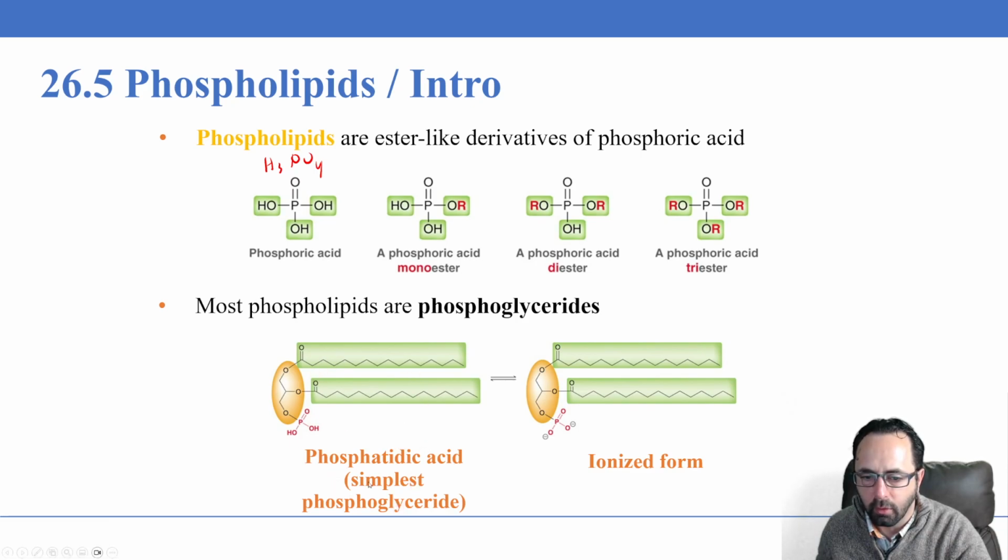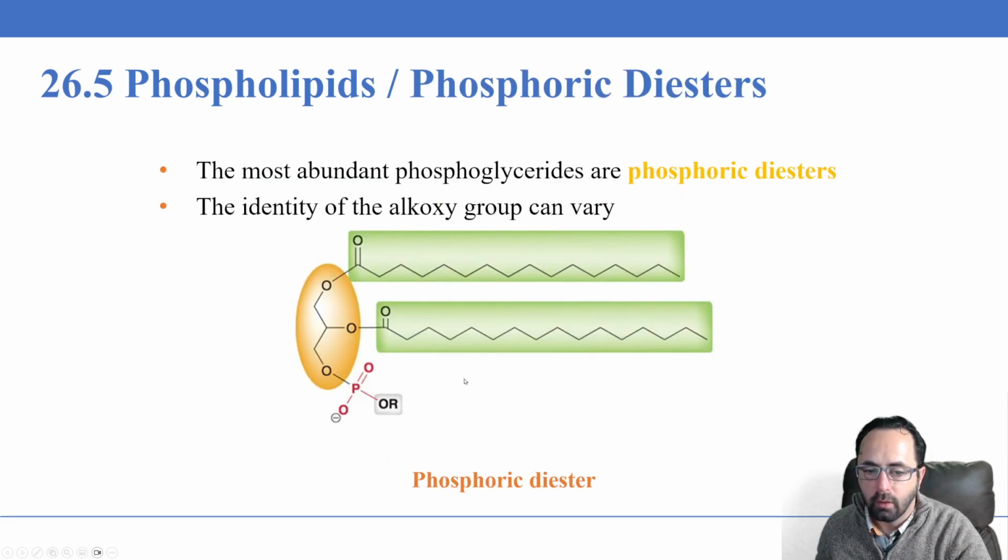It's the simplest phosphoglyceride. Most phosphoglycerides that are biologically active also have a phosphoester right here with some other group attached, and then we'll have the remaining bonds to oxygen there. So the most abundant phosphoglycerides are phosphoric diesters. Again, the identity of this group right here can change.